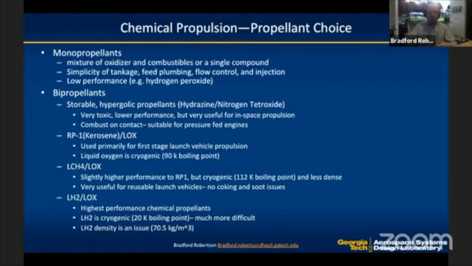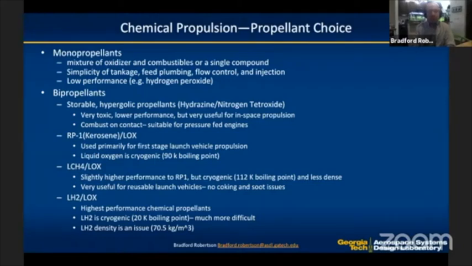So I'm going to have a lot more mass in my tankage structure to accommodate the same amount of energy that kerosene would have. However, this is a lot more useful for reusable launch vehicles, which is generally why you see Starship and Super Heavy start to use this.